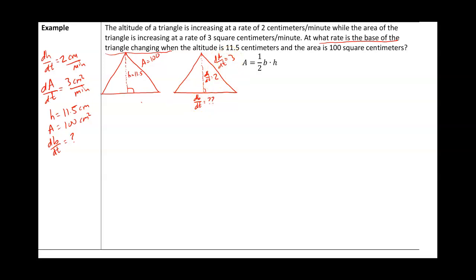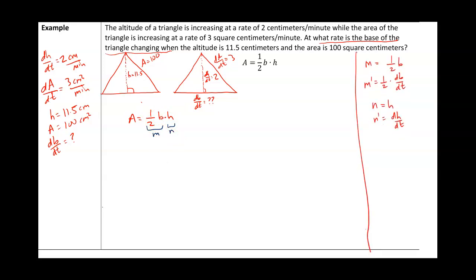Now let's differentiate everything with respect to time. Because we have two terms multiplied, we're going to use the product rule. Our first term m is 1/2 b, and our second term n is h.